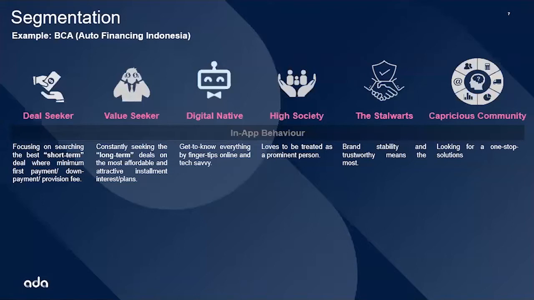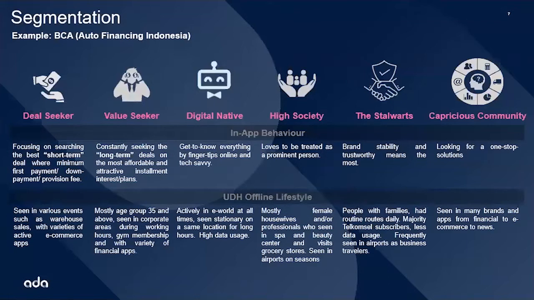And then we found them in the UDH, offline lifestyles, like what JS mentioned earlier, the combinations of 20,000 apps of usage, what kind of apps they have in their phones, where the locations are that they are constantly seen, and what the lifestyle behavior is.